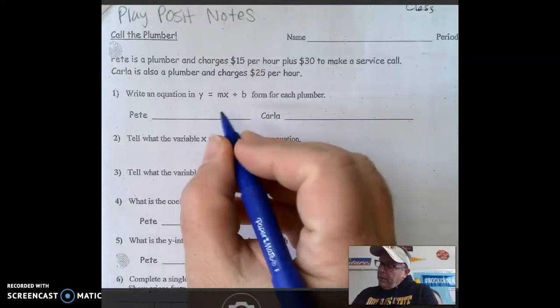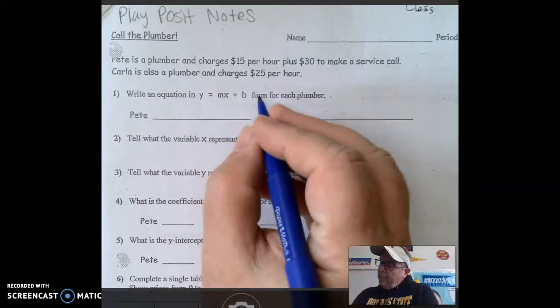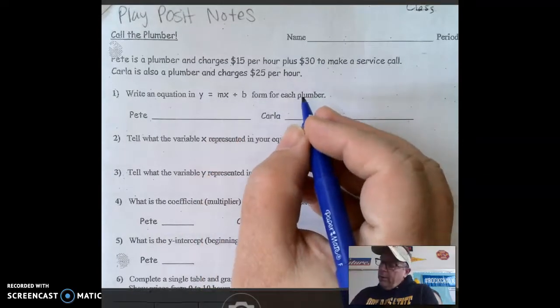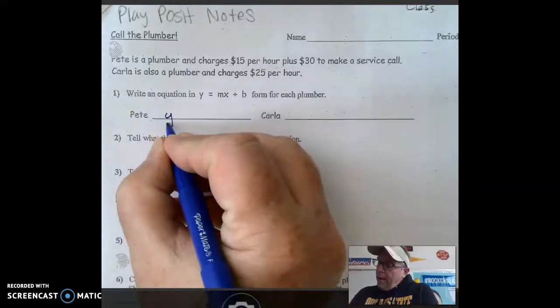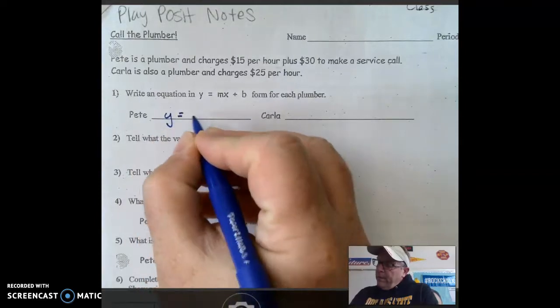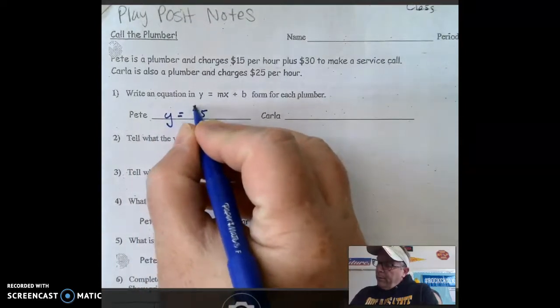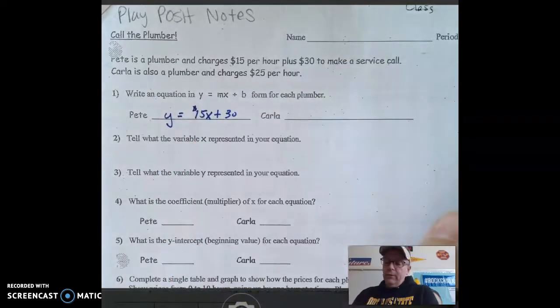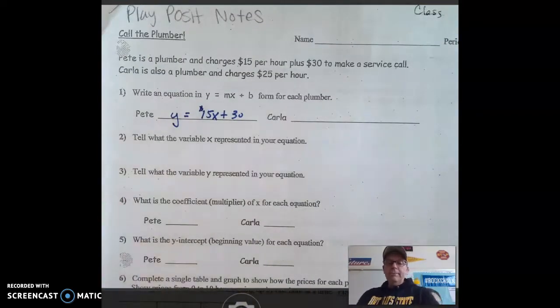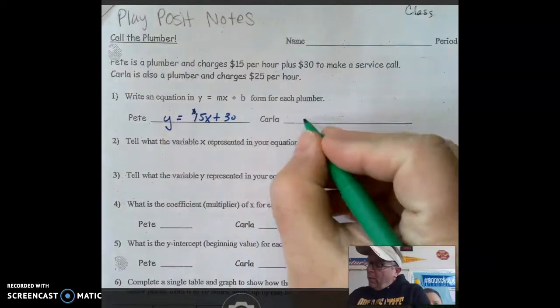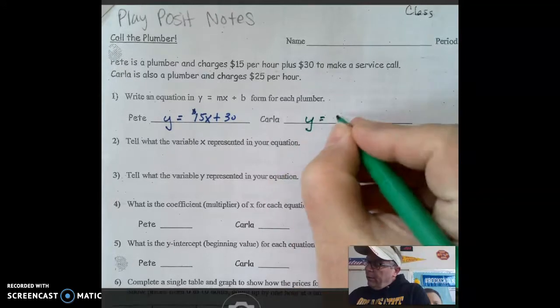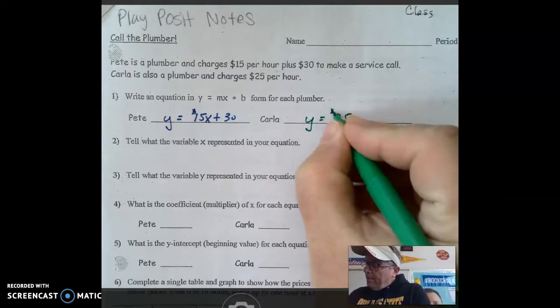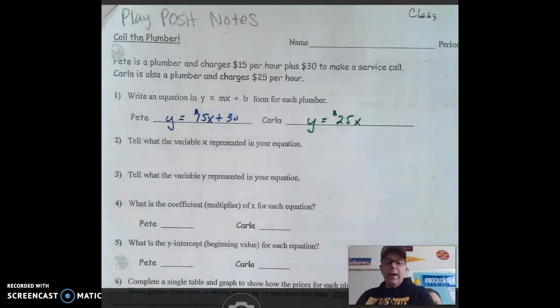If Pete is going to do 15 per hour plus 30 to make a service call, his is going to be y equals $15 an hour plus 30, and the hours are going to be your x. Carla charges $25 an hour, so hers is going to be y equals $25 an hour, and there's your hours, your x.